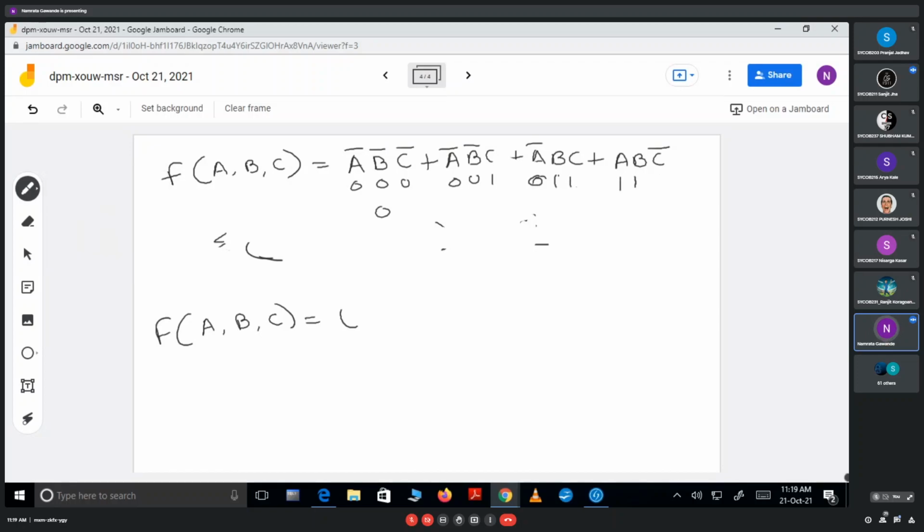And this is 1, 1, 0. So that means 0, 1, 3 and 6. So your expression will be f of ABC equal to M0 plus M1 plus M3 plus M6. Or else you can write in summation form: summation of small m, because min terms 0, 1, 3 and 6.